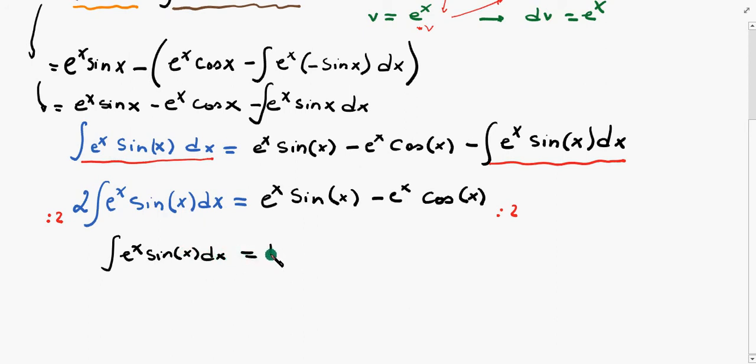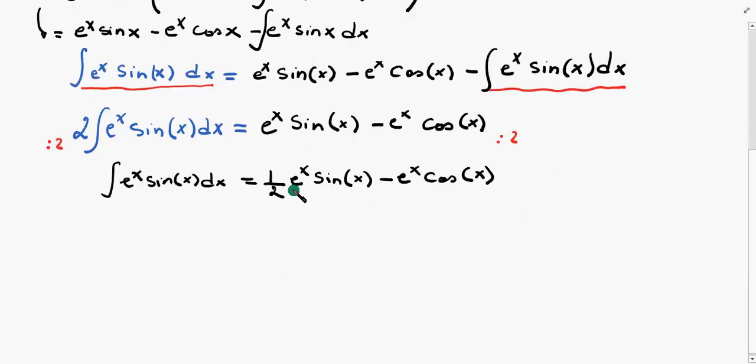equals 1/2 e^x sine x minus e^x cosine of x. And we can even use e^x here as a common factor of both, right?